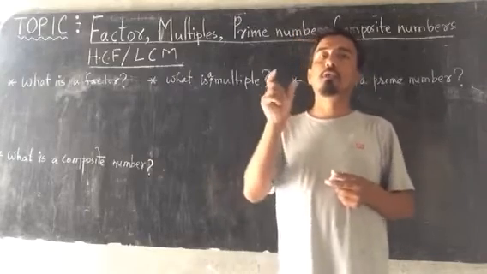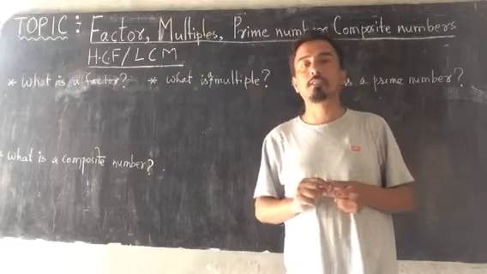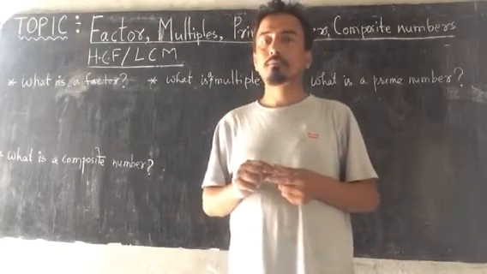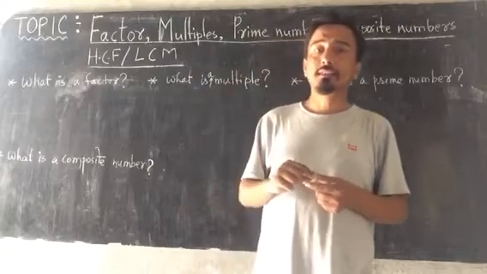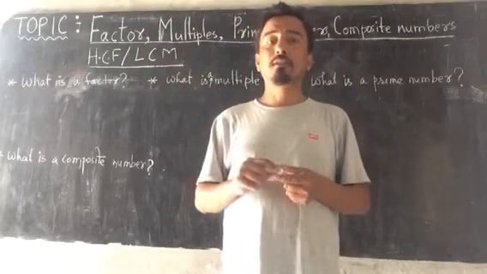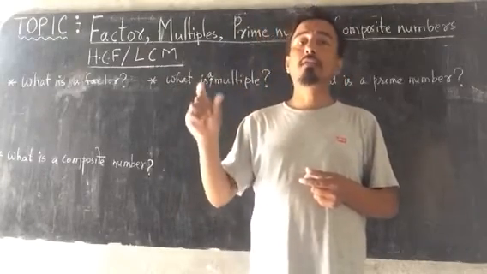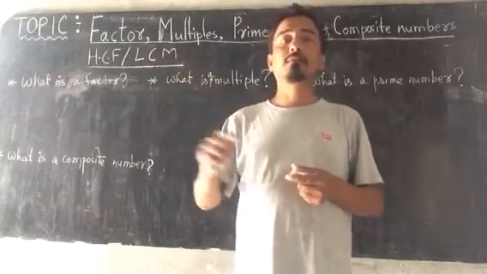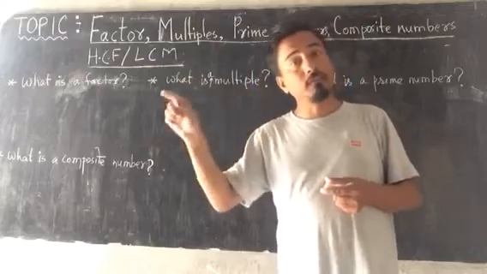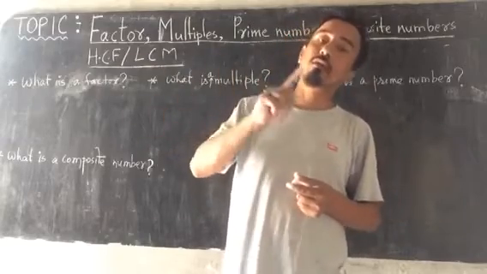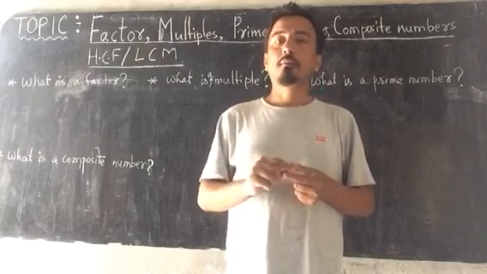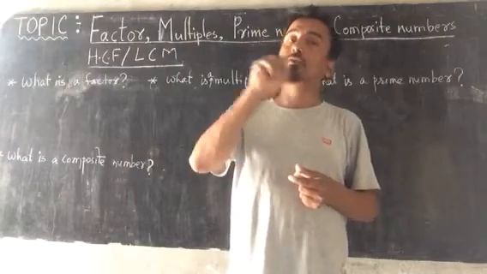If we have to define multiples: if a number can divide a given number completely without giving any remainder, then that given number is called the multiple of that first number, the number by which you divide.